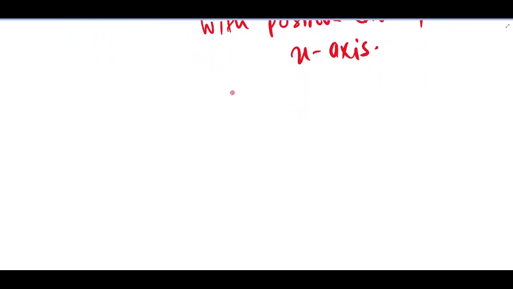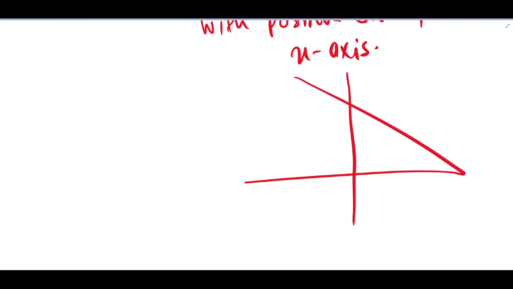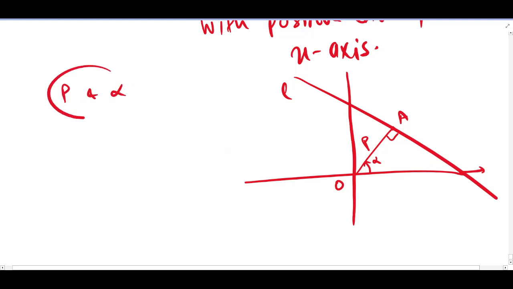So this is the Cartesian system, and this is a line L. This is the origin, and we are given the perpendicular distance P from the origin to the line, let this point be A, and the angle is alpha. If we are given P and alpha, then we can find the normal form of the equation.